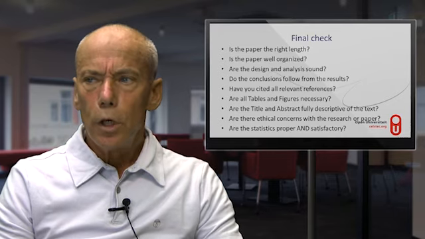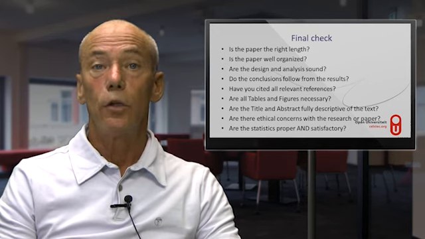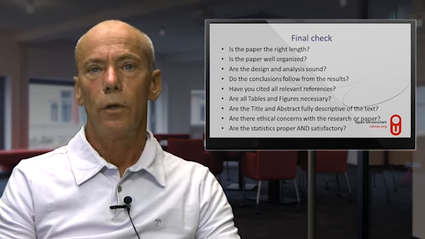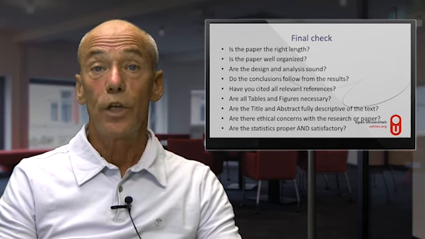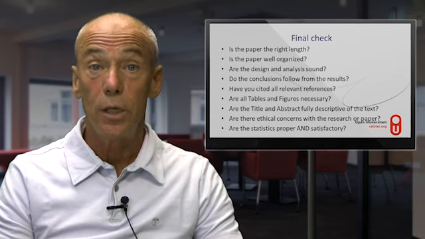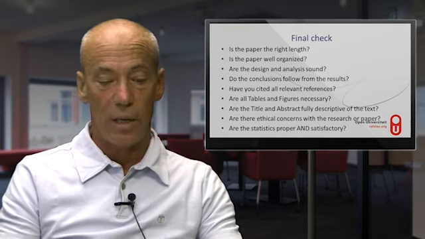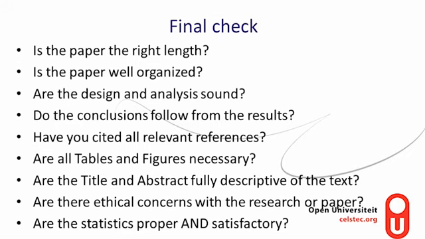Did you use informed consent? Did you report upon this? Did you do things that you might not or should not have done? Or that you need to report that you did and that you took the proper precautionary steps? And finally, are the statistics proper and satisfactory?